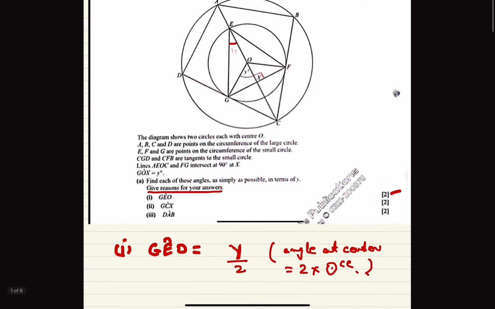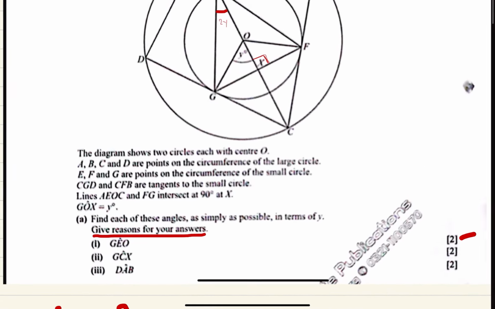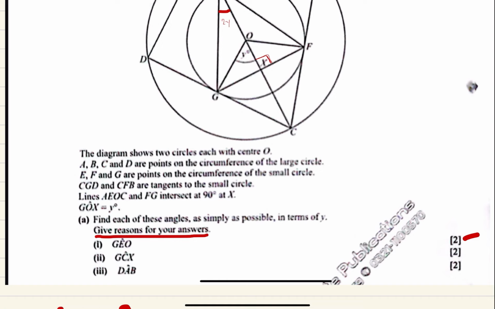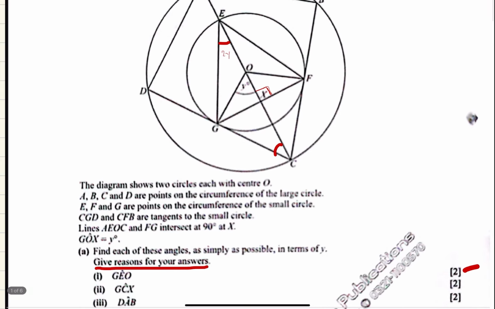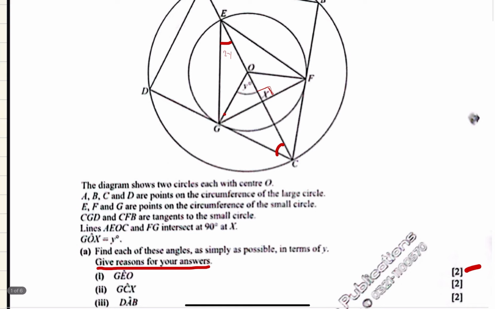And GCX, that means this angle you need to find out. So how can we find out GCX? If this is a tangent, we know that this is 90 degrees, right? And if this is y, then this should be 90 minus y, right?